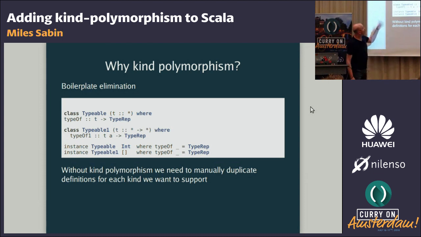So here we would have Typeable for types of kind star, Typeable1 for types of kind star arrow star, and then you just keep going until you get bored: 1, 2, 3, 4, 5, and then you would provide instances of the different types. This is kind of annoying.